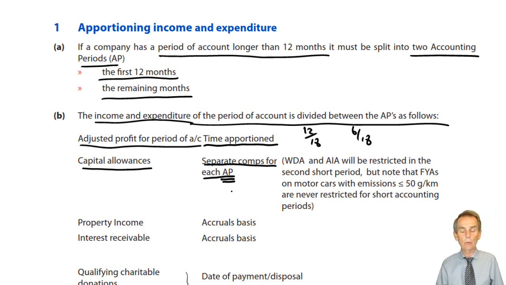Remember, of course, though, if you then do have a low emission car, and if you have one, it's probably likely to be in this short accounting period. Remember, you do not time apportion the FYA.